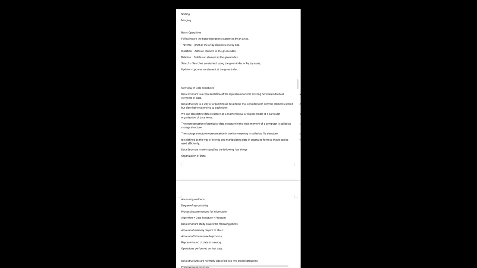Understanding data structure gives you that advantage. That is why it is said that a data structure is a data organization, management, storage format that enables efficient access and modification.